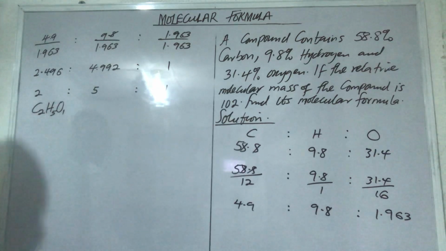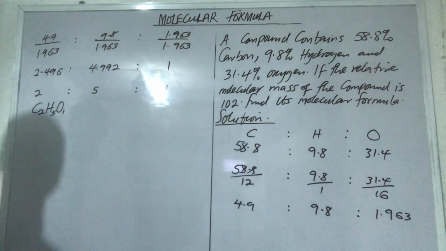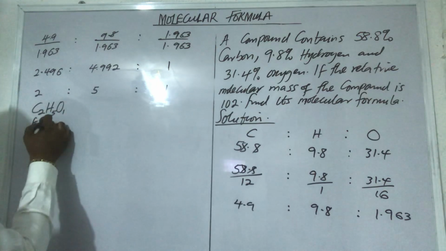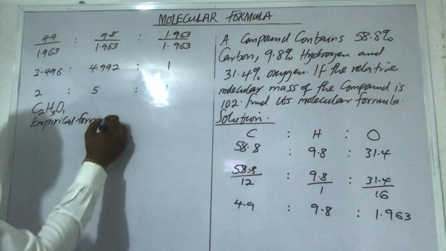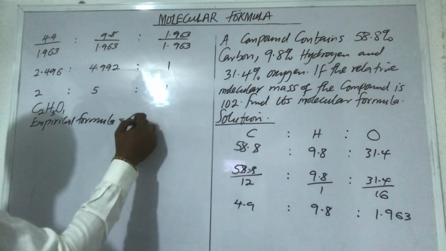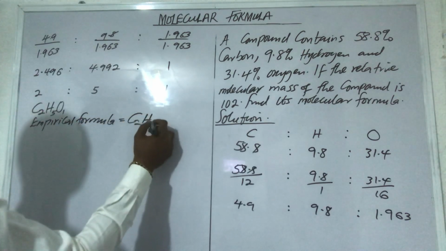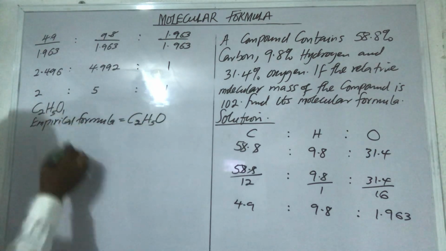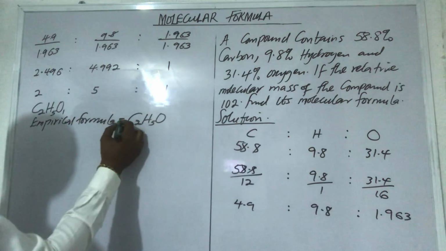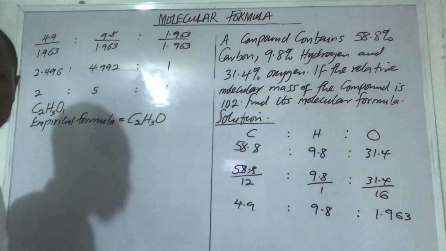So you can now write empirical formula equal to C2H5O. This is now the empirical formula of the compound.